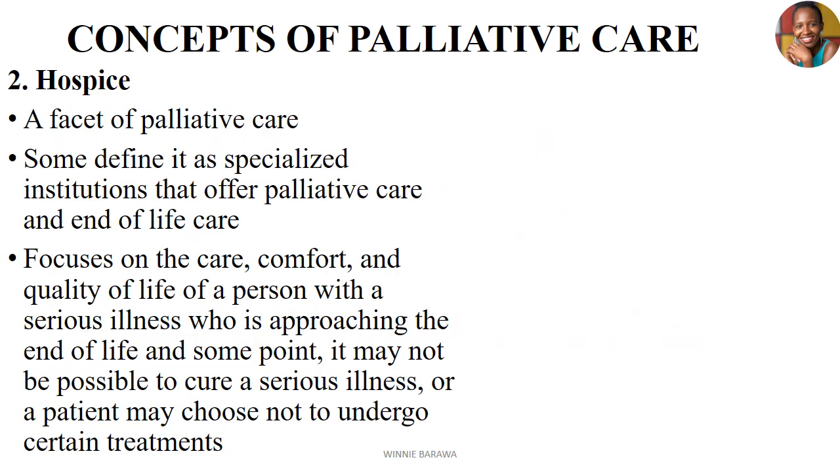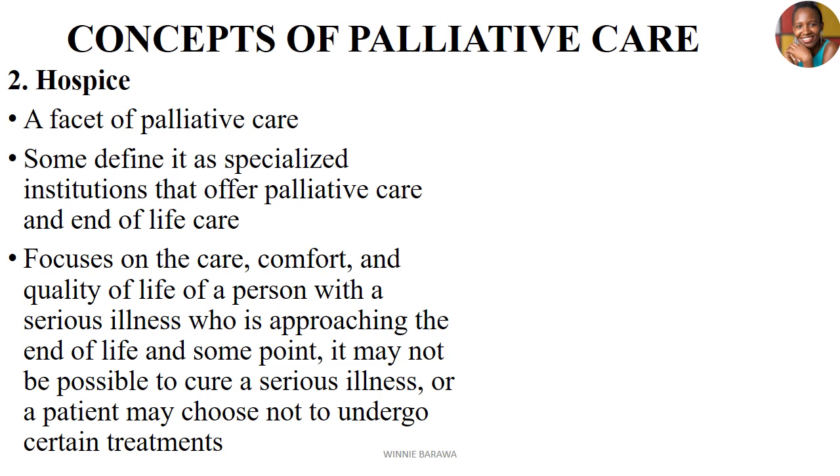And the second concept is hospice. So with hospice, this is a facet of palliative care. It's not different, though some people use it interchangeably, whereby they refer to hospice to be the same as palliative care. But actually, hospice is a part of palliative care. It was like a child of palliative care.